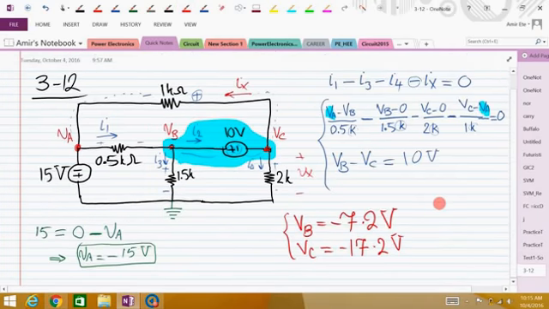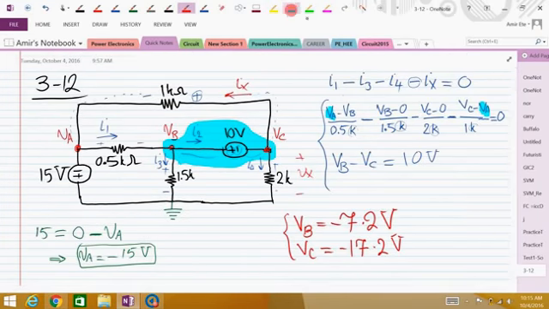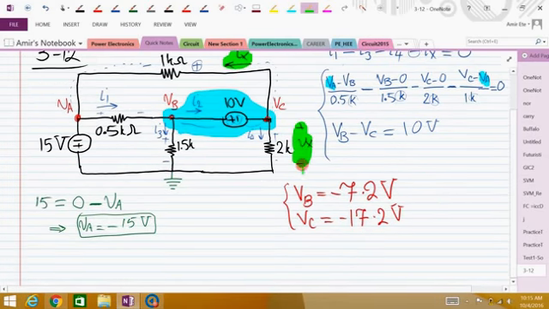So the initial problem was asking for Ix and Vx. If you look at Vx, it's obvious that the negative polarity of Vx is grounded and the positive polarity is Vc. So Vx is basically Vc.